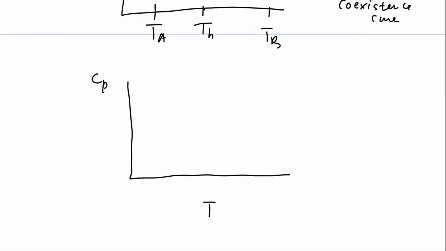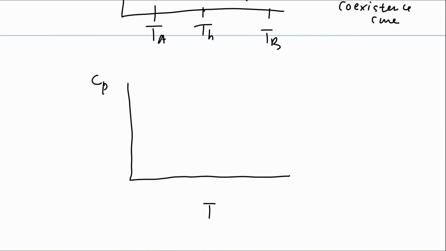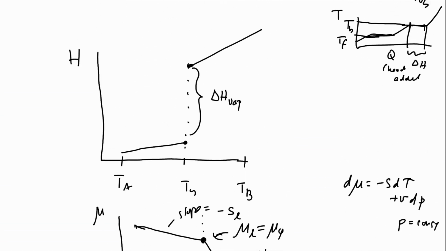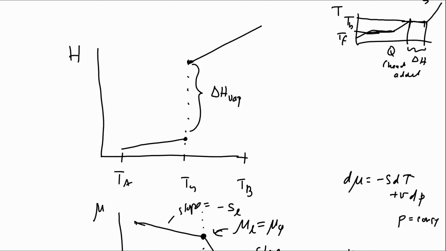Now here's one. This is the heat capacity as a function of temperature. C sub P is partial H, partial T, at constant P. So if I go back to my H picture, and I tried to draw this accurately, it varies, but for this example, let's assume this is in fact the case.